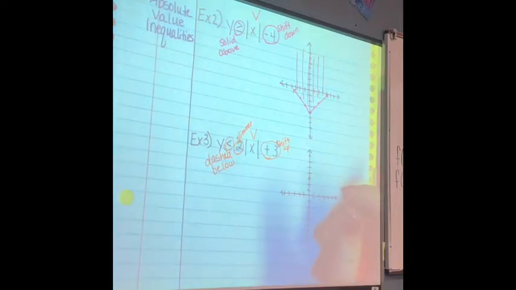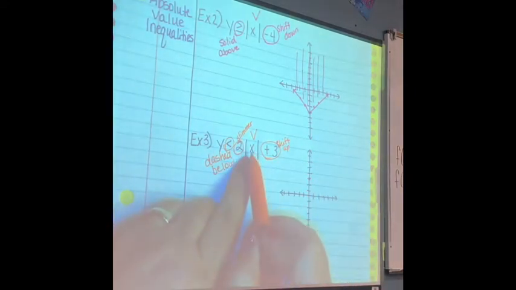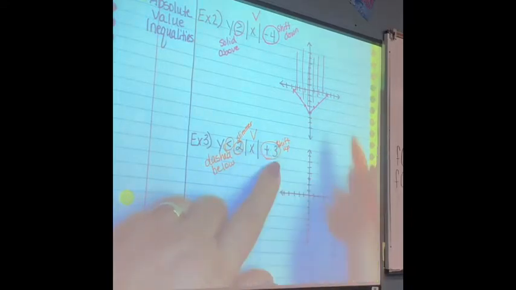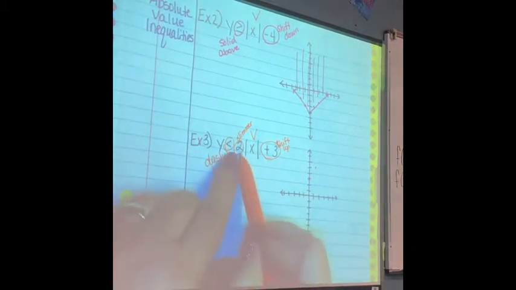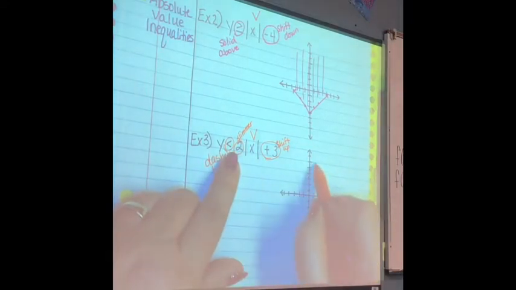So let's think about this. If I put in 1 here, 1 times 2 is 2. Plus 3 is? How much did that change from the point right here? Up 2 over 1? How much were we on the parent function? Up 1 over 1. So what did this number change? The slope of this side.